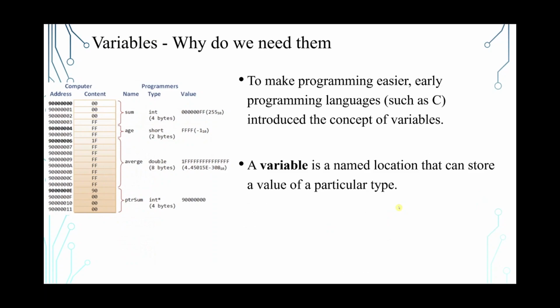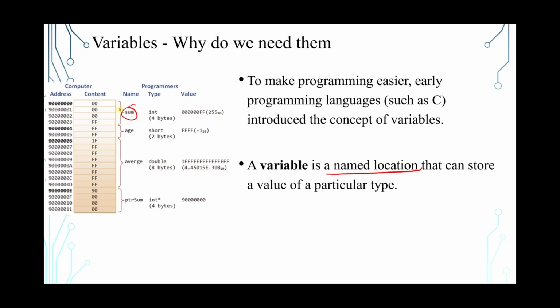So, why do we need variables? It's easier for us to remember names rather than remembering numbers. A variable is a named memory location that can store a value of a particular type. So, it's easier to remember that I use the word sum as a variable name to store something of type integer.